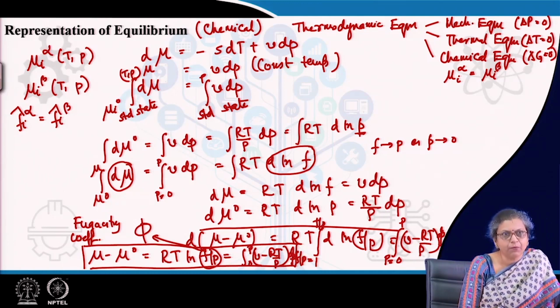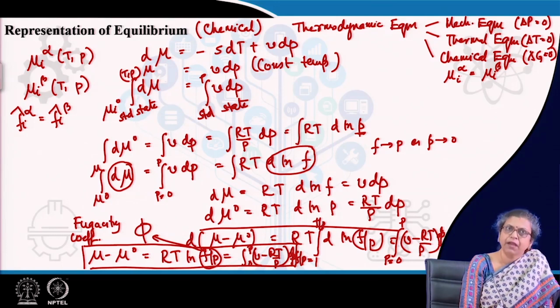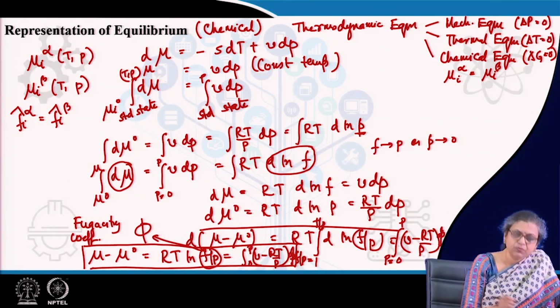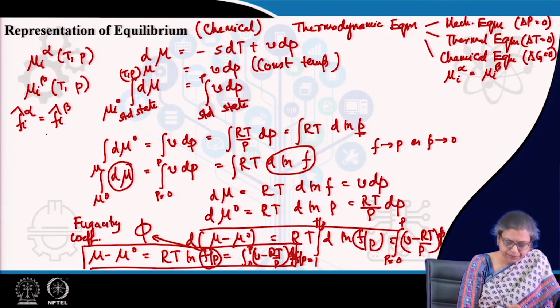Therefore, the entire problem of determining equilibrium in terms of chemical potential boils down to finding the fugacity of that component in the mixture.